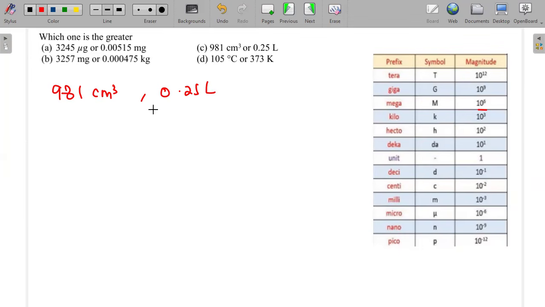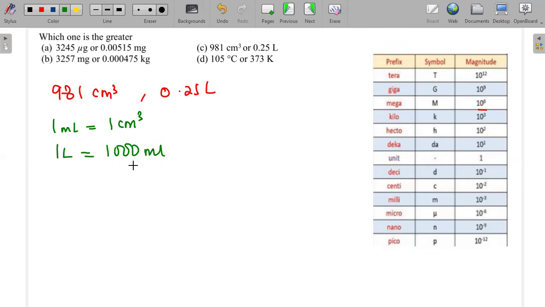Let's change everything to liters. What is the conversion factor for volume? You have to know that 1 milliliter is the same as 1 cubic centimeter, and 1 liter is equal to 1000 milliliters.